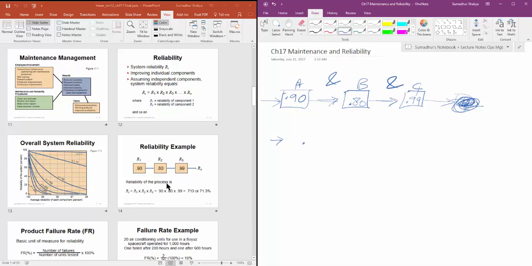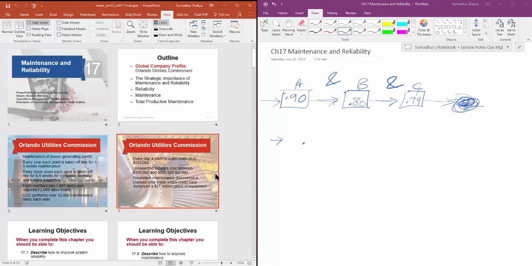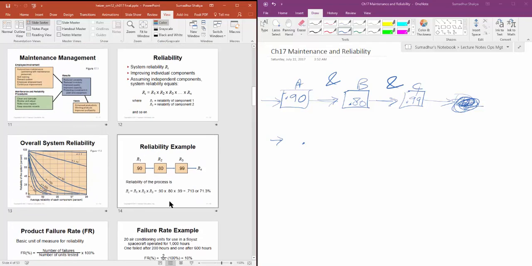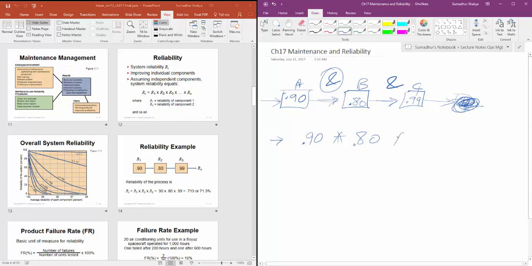The moment you talk about AND, the probabilities are multiplied. So 0.9 times 0.8 times 0.99 comes out to be 0.713.